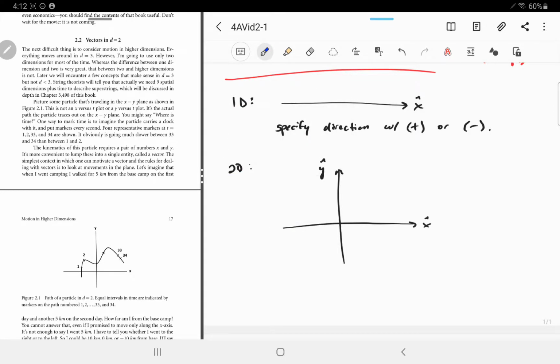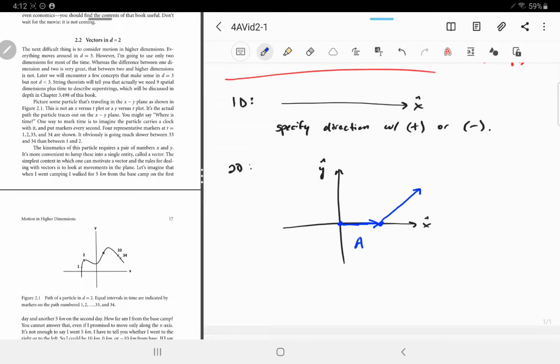So let me point out some things that you are already familiar with. One is that you can describe displacements using vectors. Say we started at the origin right here, and we walk to the right some amount. We're going to wind up at this spot right here on the x-axis. And then say we walk up and right, some other amount.